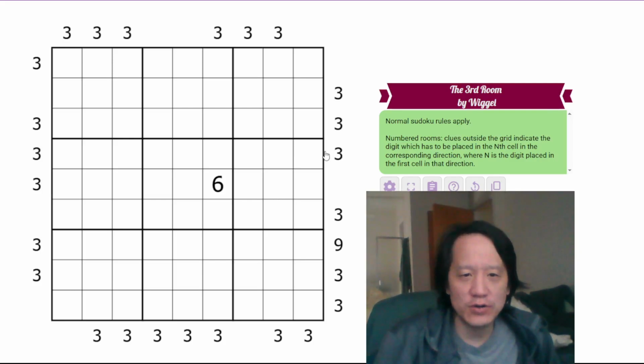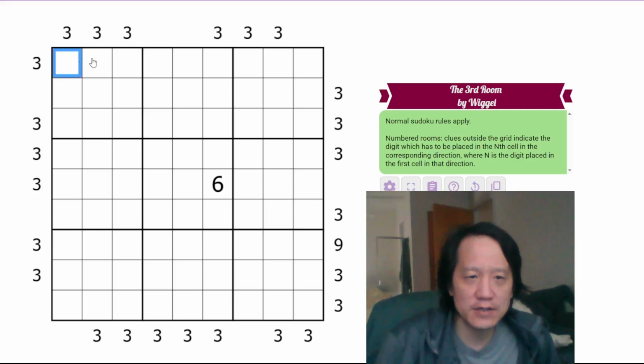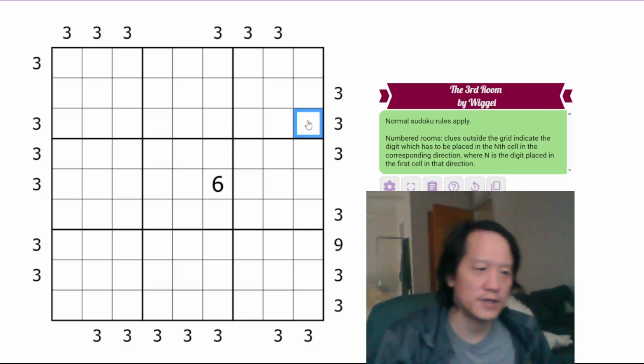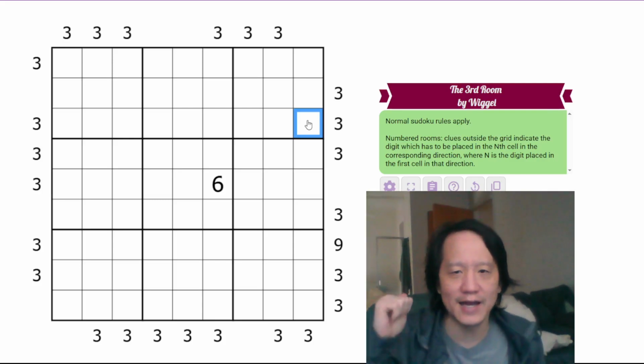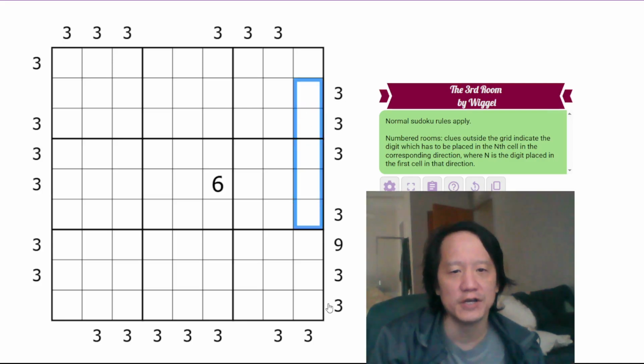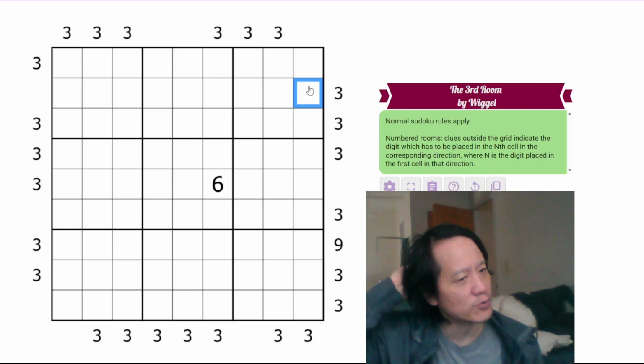Okay, so the thing about numbered rooms clues: if you have the same number outside of the numbered rooms clues, first of all, unless the outside digit is a 1, there's no way you can have a 1 in the first cell of the numbered rooms clue.